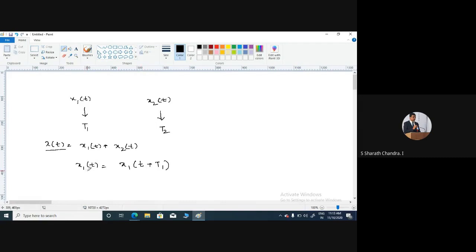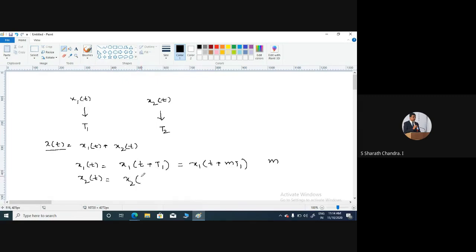This is not only satisfied for this particular condition, but also for all multiples of T1. I can also write that x1 of t plus m T1 is equal to x1 of t, where m is a positive integer.